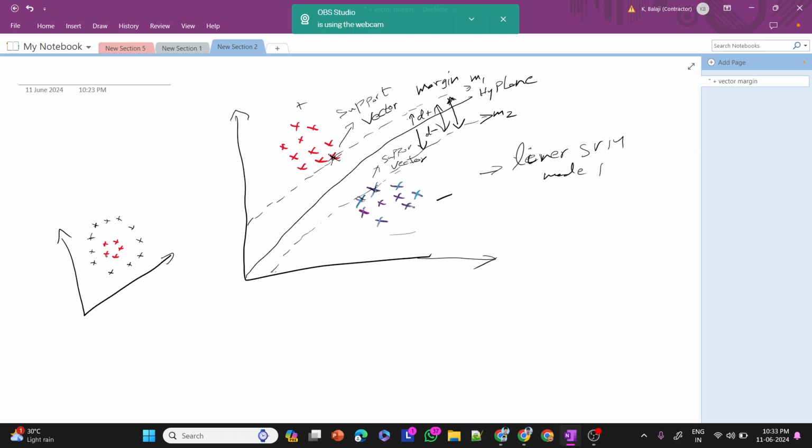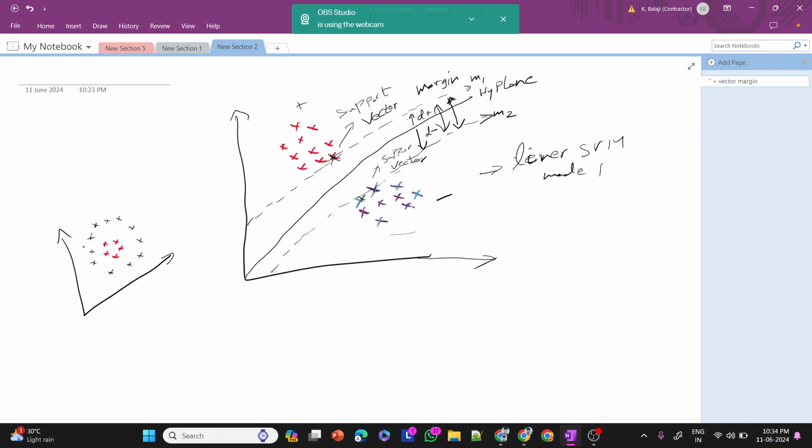To do this, we use a kernel, so that we can find a hyperplane that can separate each group.